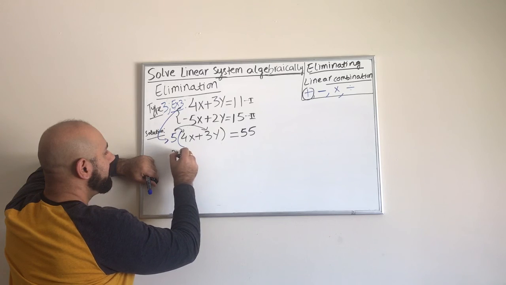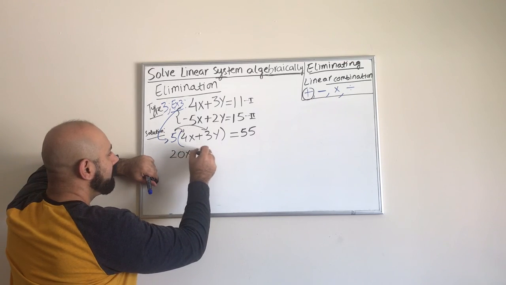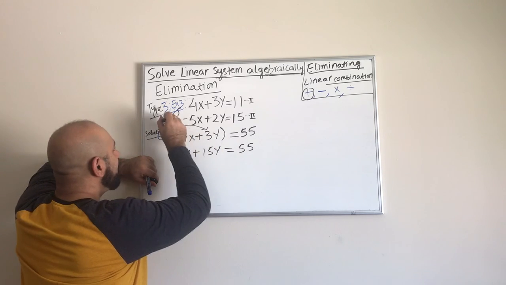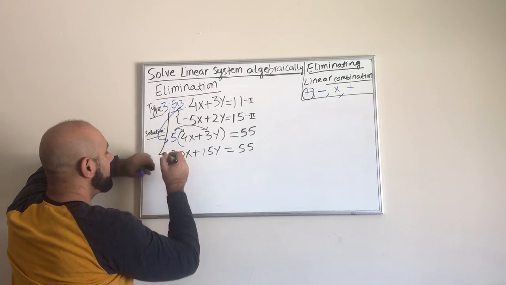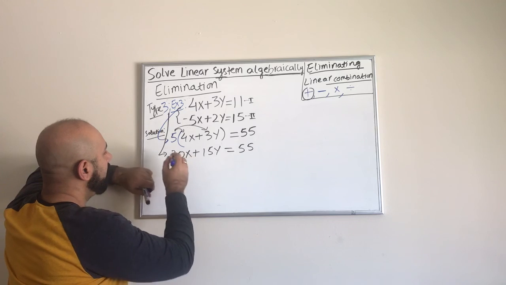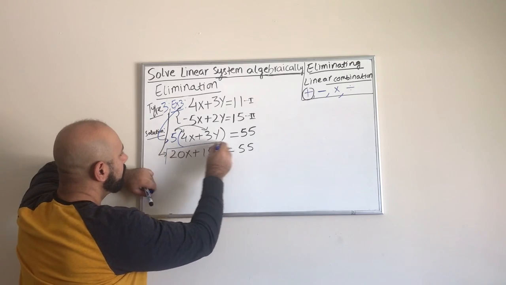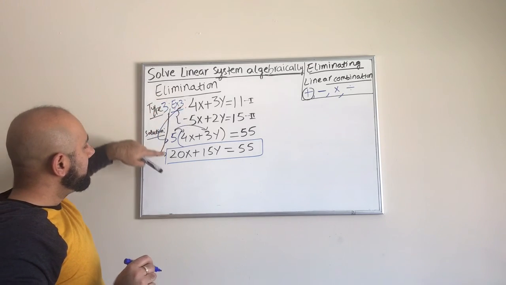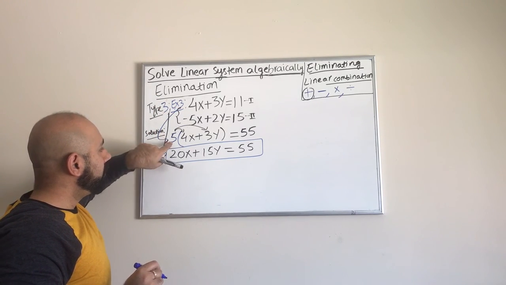So what do I get? I get 20x plus 15y equals 55. This is my transformed equation 1. So this equation transformed into this equation by multiplying by 5.